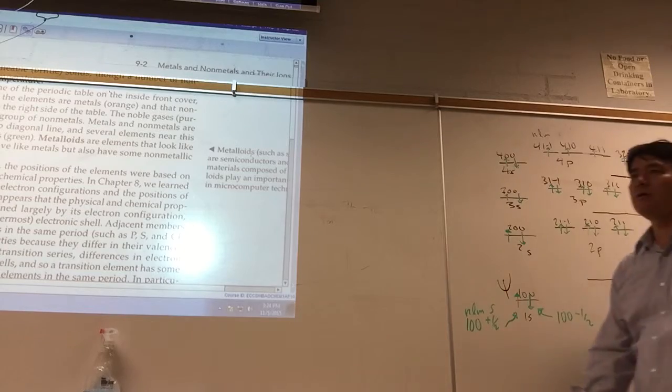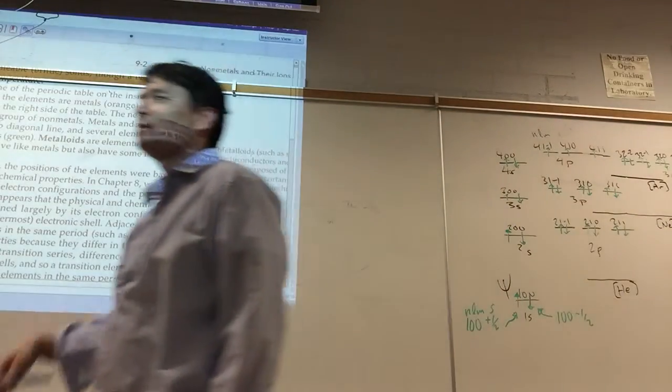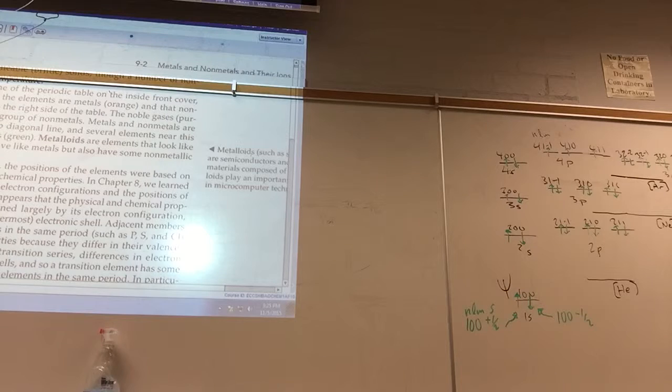And when we look at the chemistry, we divide the periodic table into the metals. The metals are on the left. What is the definition of a metal? Well, metals have certain properties that are observed, which are malleability, ductility, electrical conductivity. Those are physical properties. And then chemical properties.